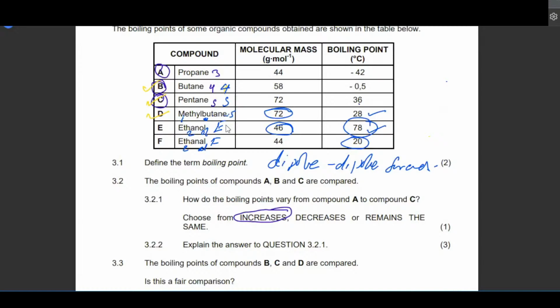So it means that this one is going to have the higher vapor pressure. Why? Because it has the lower boiling point. Therefore, it produces vapor with less heat compared to this ethanol. So the answer is D. Give a reason for your answer: because of the low boiling point.